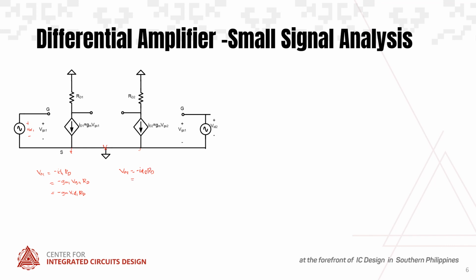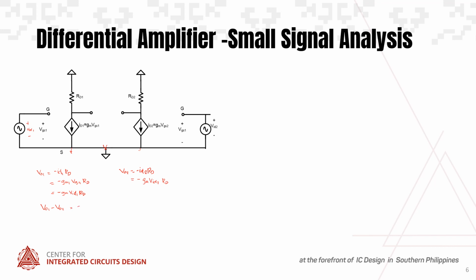And this VGS2 here is equivalent to VID2, same with here. So we'll have VO2 is negative GM VID2 RD.